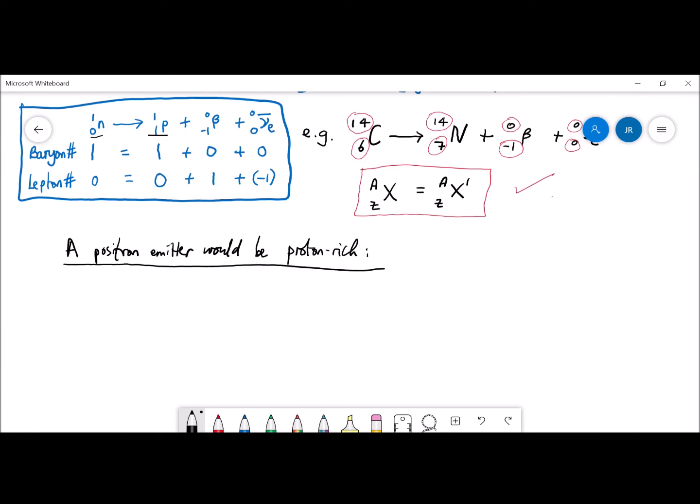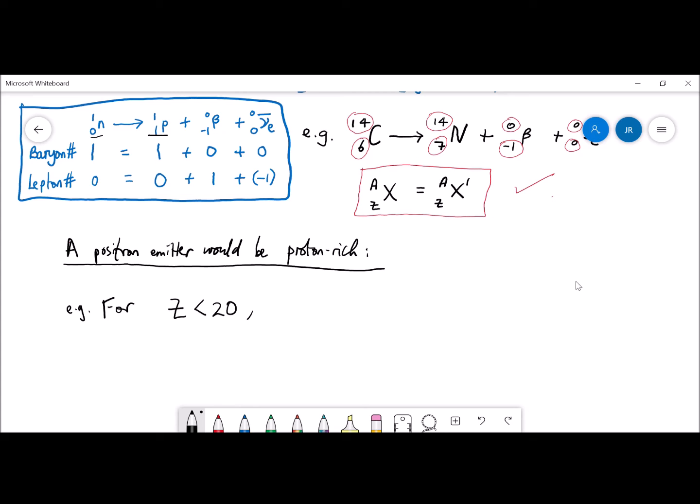So, for example, first of all, how would you know, for an element with an atomic number less than 20, let's just keep it simple.